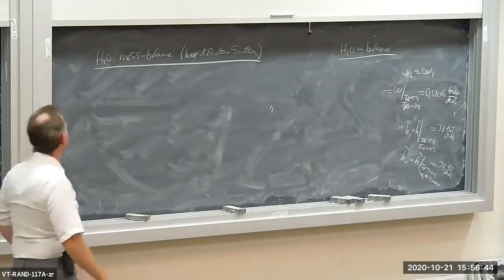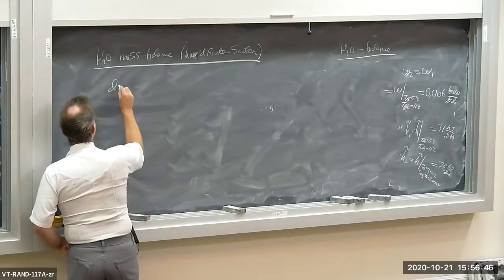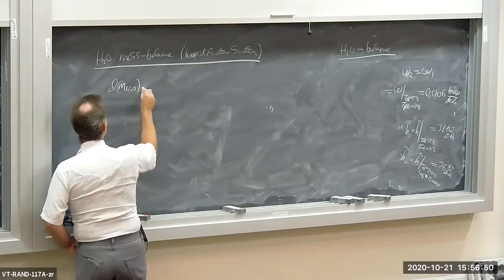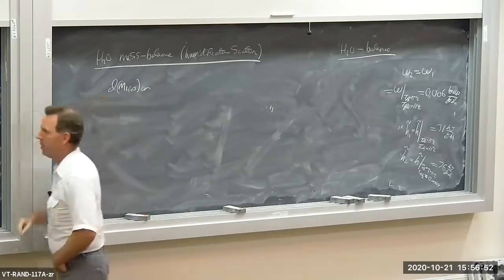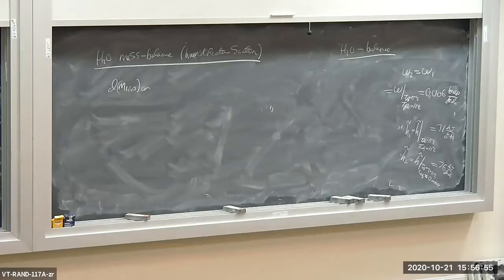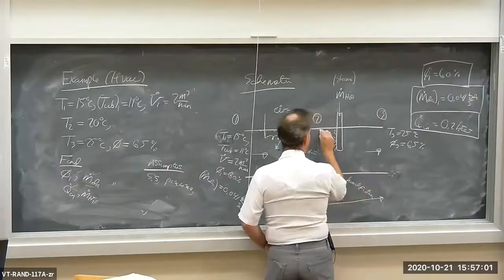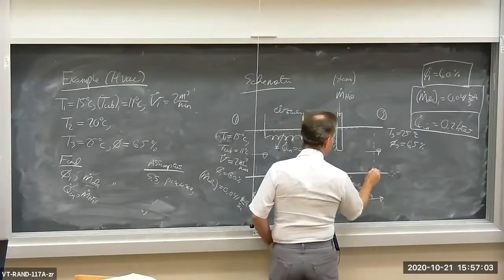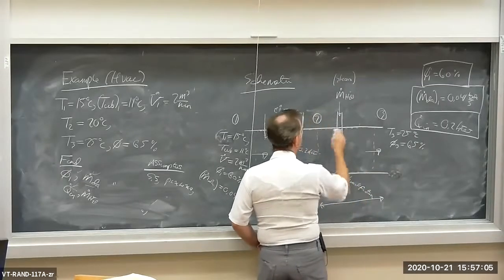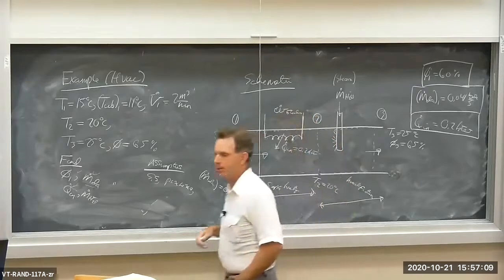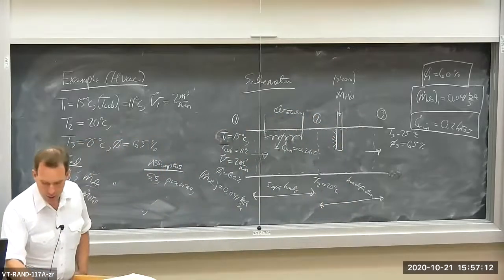Okay, so let's write out the mass balance. dm of H2O within my control volume, which I've got to define. So my humidifier is going to have an inlet at location 2 and an outlet at location 3. So this is going to be my control volume. Of course, we have m dot H2O occurring right here. So we'll have 2 inlets and 1 outlet.